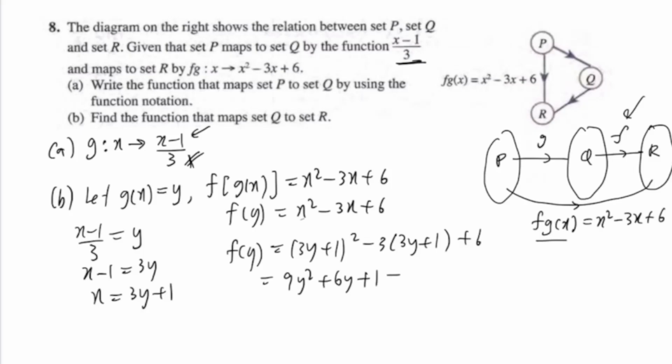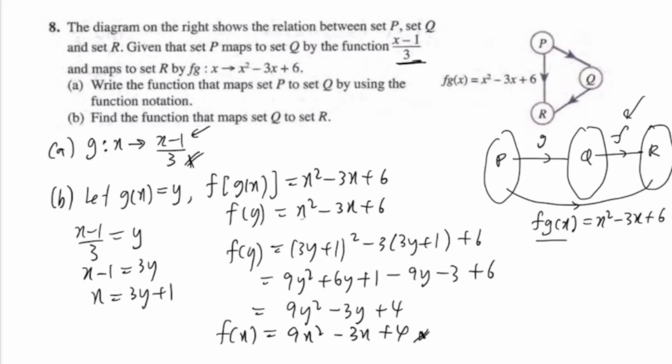This is going to give us minus 9y minus 3 plus 6. Simplify: the 9y squared stays, the 6y minus 9y gives minus 3y, and 1 minus 3 plus 6 leaves you with just 4. Now if f(y) is 9y squared minus 3y plus 4, f(x) is therefore 9x squared minus 3x plus 4. Just rewrite them. Okay, alright.